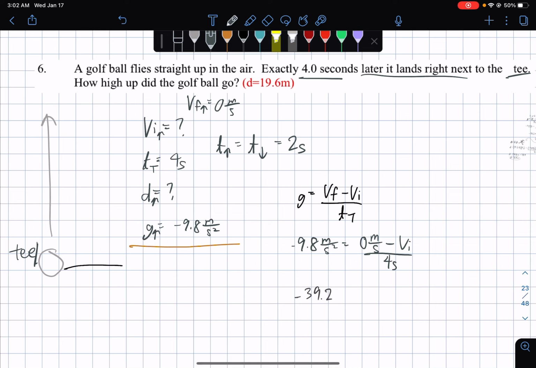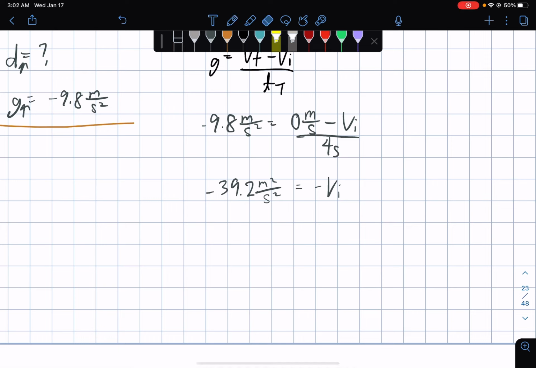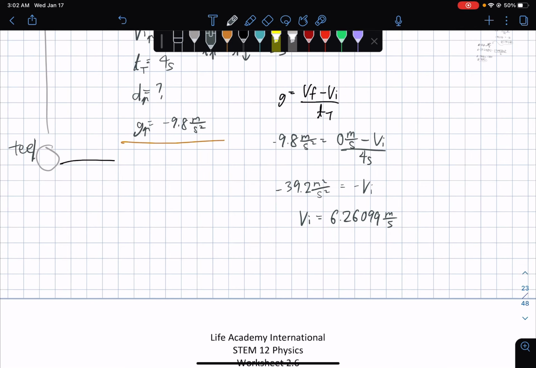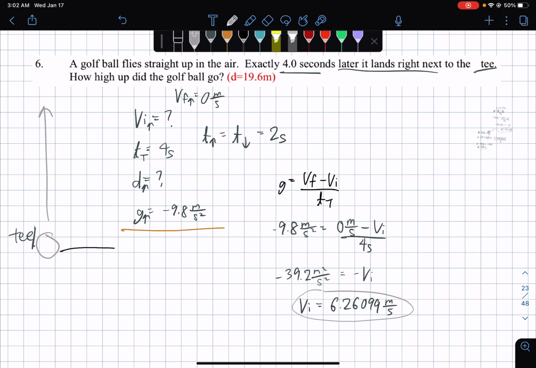Don't forget the negative sign. So what is the square root of 39.2? It is said to be 6.26099 meters per second. So how high up? We're looking for the distance. D is equal to VI t plus GT raised to 2 over 2.